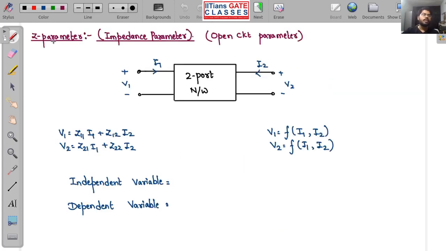So the first thing is our Z parameter. Z parameter is also known as the impedance parameter or open circuit parameter.